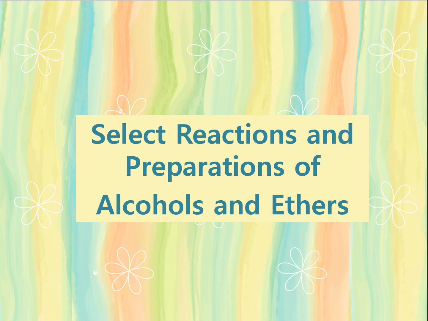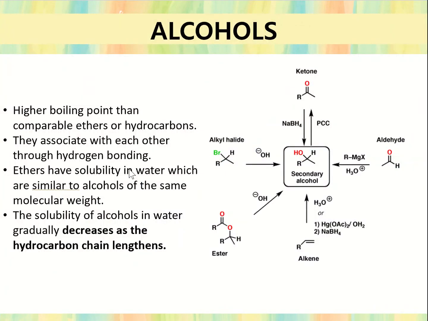So now we're looking at select reactions and preparations of alcohols and ethers, which is our final section. We can see several reactions here of our alcohols, and most of them you're familiar with. Alcohols have a higher boiling point than comparable ethers or hydrocarbons.